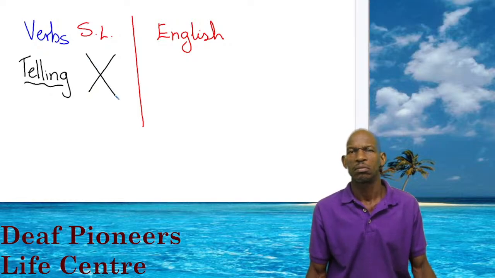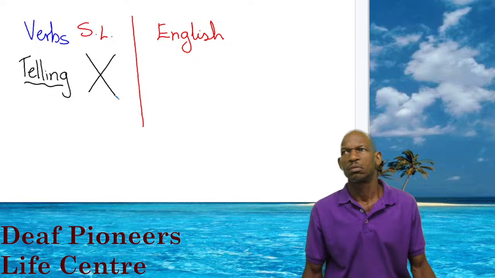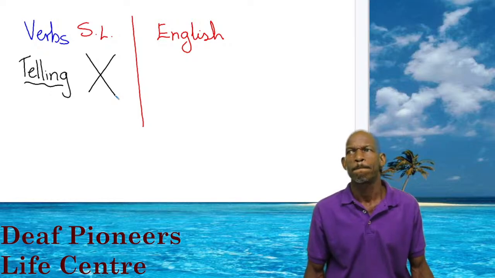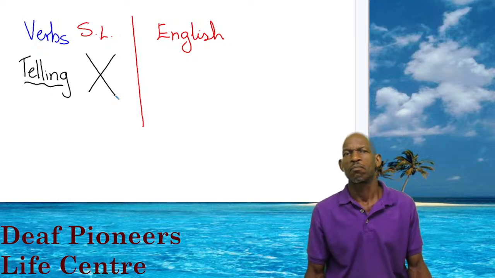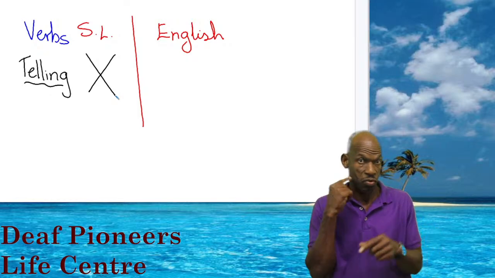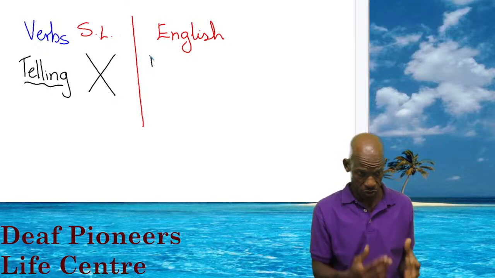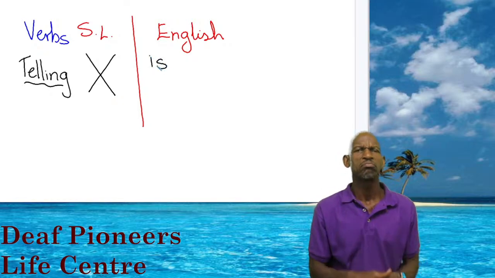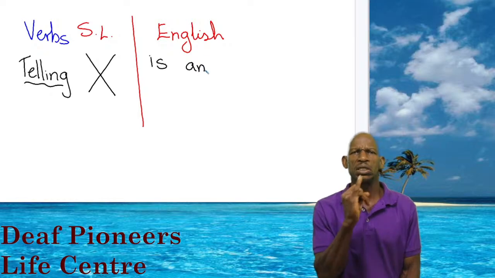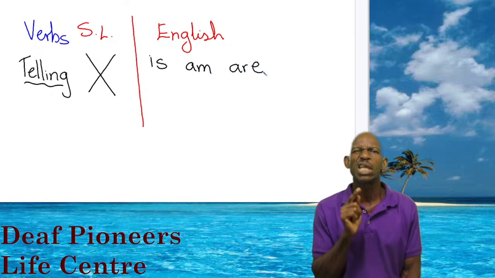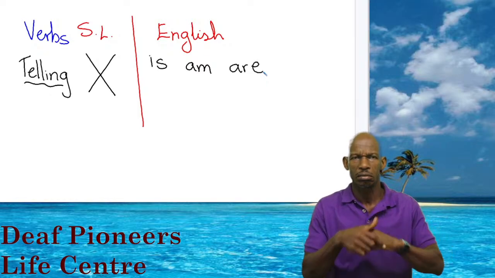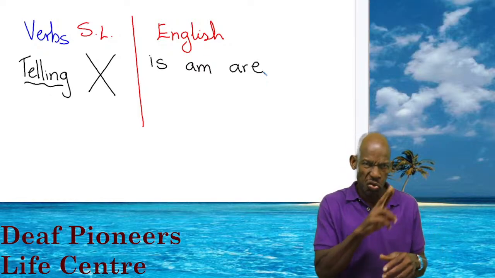Telling verbs are words that, when people teach sign language, if you are teaching anyone sign language, like a hearing person, you would say we don't use those words. And those words are like is. In sign language, we do not use these words.